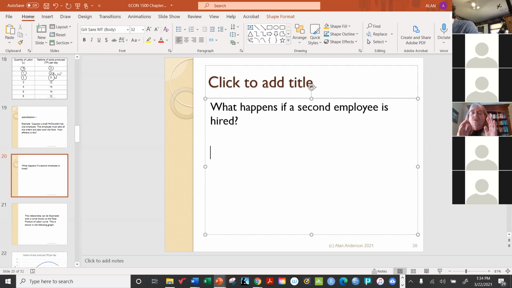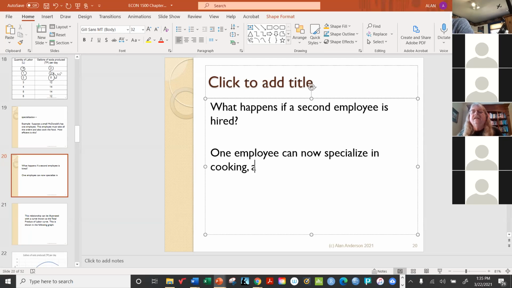Aha. Now, would they have both people taking orders and cooking? No. What would they do instead? One would take the orders and one would be cooking. That's right. One employee can now specialize in cooking, and the other can specialize in taking orders.